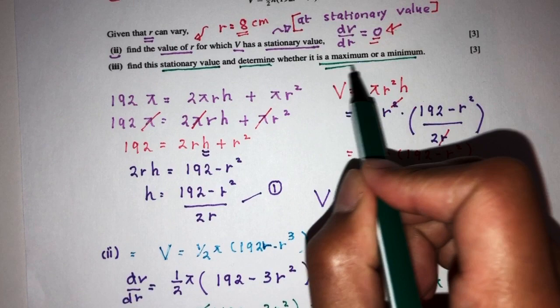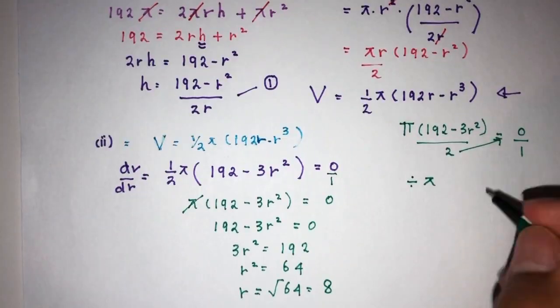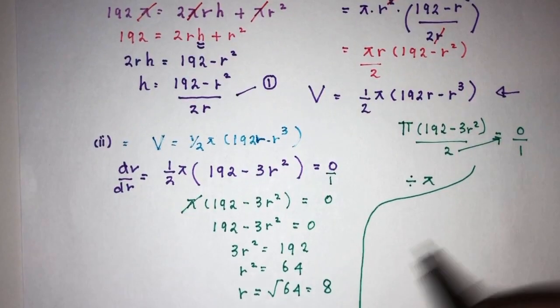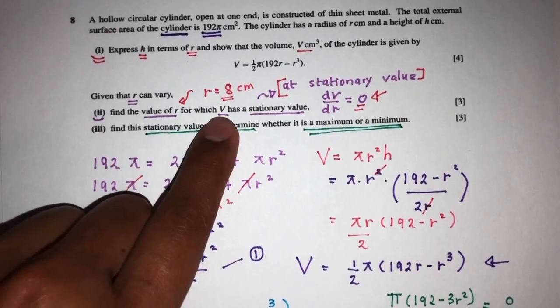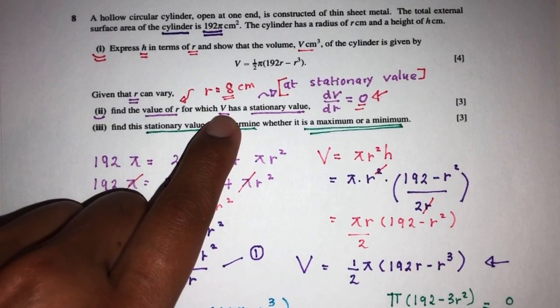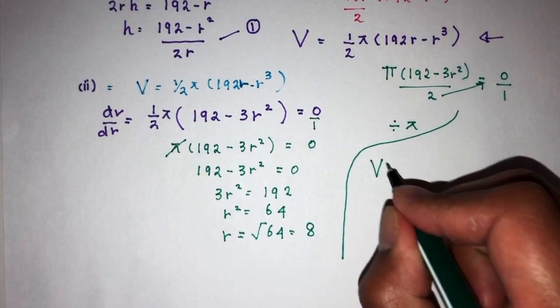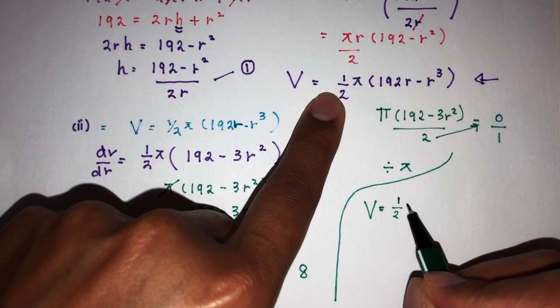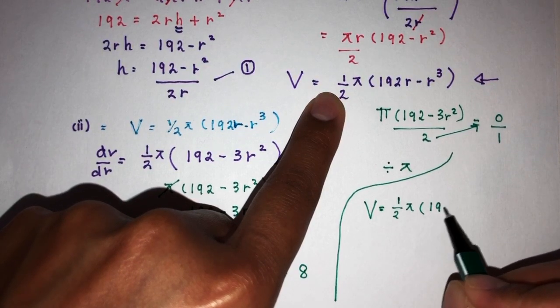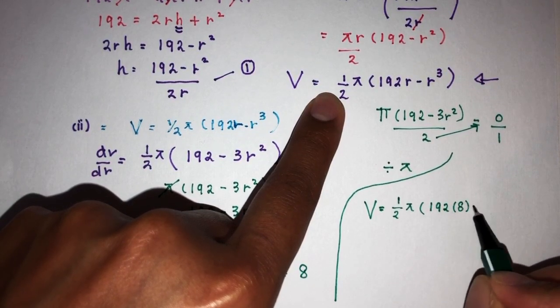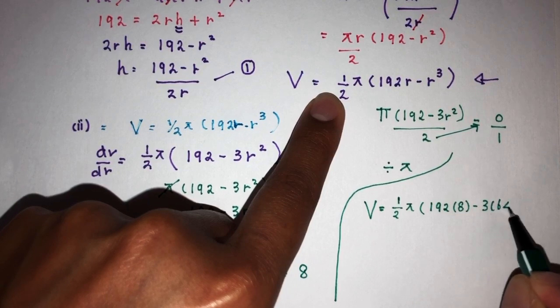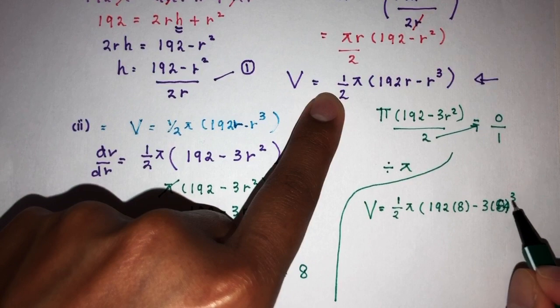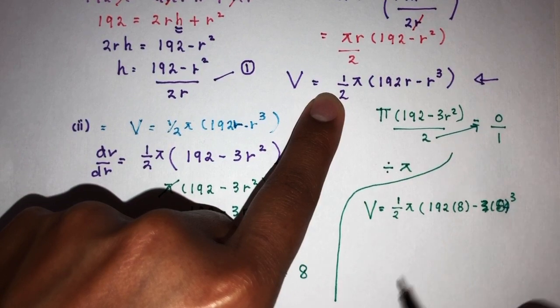So pretty easy. So let me continue here. So the value itself is what? The maximum or the minimum value of v, or the stationary value. We just have to replace the value of r we found in the main equation. So here we have half pi, that'll be 192, r is 8 minus 8 power 3. Here we don't have 3. My apologies.